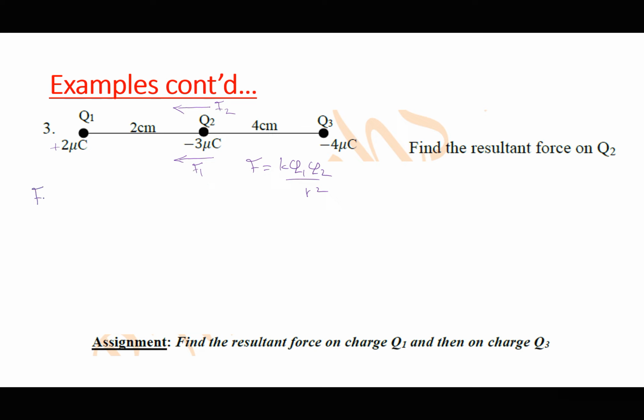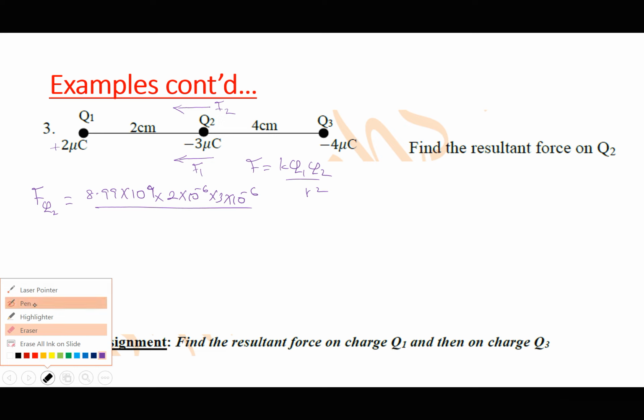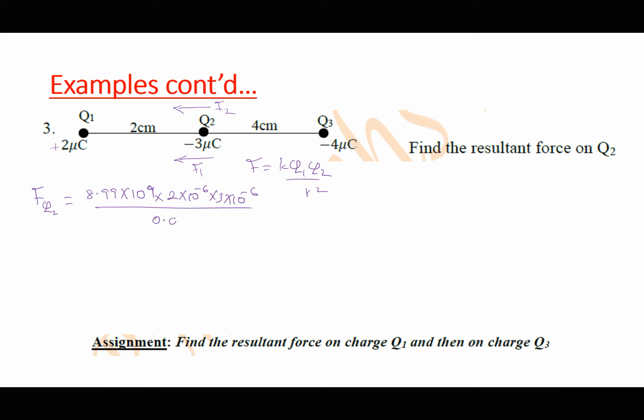So the resultant force F on Q2 is going to be that due to Q1, which is F1, that is 8.99 times 10 power 9 times the product of the charges, which is 2 times 10 power negative 6 times 3 times 10 power negative 6, divided by the separation of the charges, which is 0.02 squared.